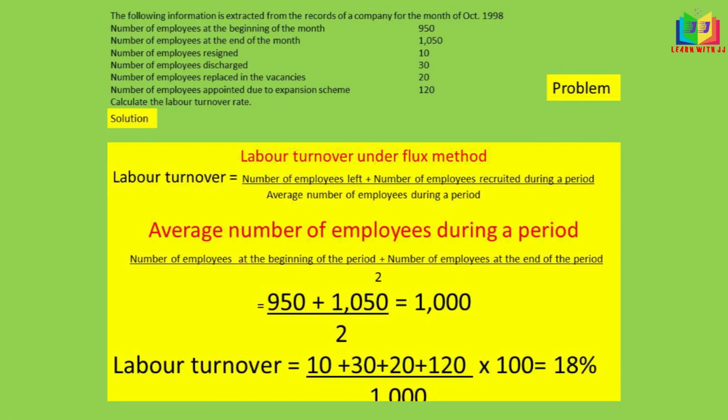So we can take 10 plus 30 for left, and for number of employees recruited, we can take the number of employees replaced in the vacancy, 20, and also the number of employees appointed due to expansion scheme, that is 120. We can take all this. So 10 plus 30 plus 20 plus 120 will get 180. That should be divided by the average number of employees, that is 1000. So we'll get 18%.